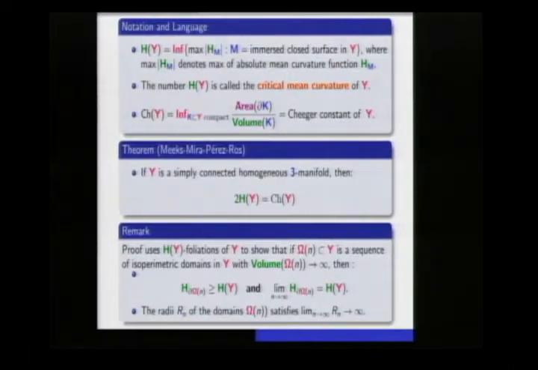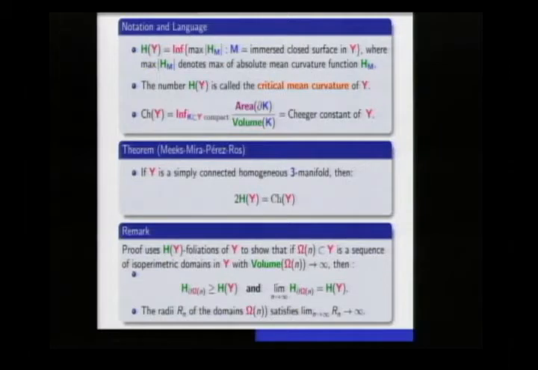Okay, so one of the key things you prove is that if the volumes of the isoperimetric domains go to infinity, then the mean curvatures actually converge to the critical mean curvature here, but they're always bigger than or equal to. And if you're in the interesting non-compact setting of R3, in fact, this is always strictly bigger. You never achieve the critical mean curvature if you are R3 topologically.